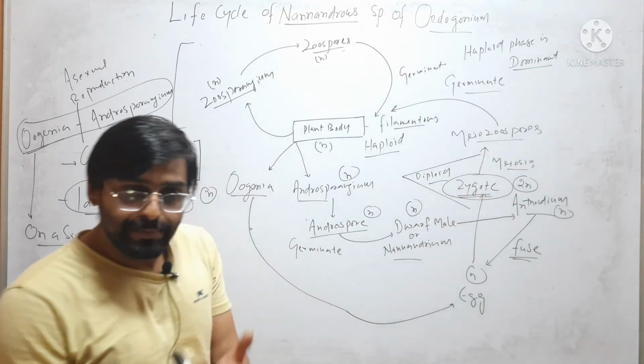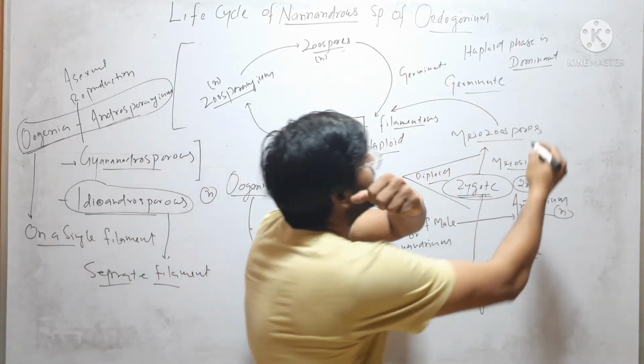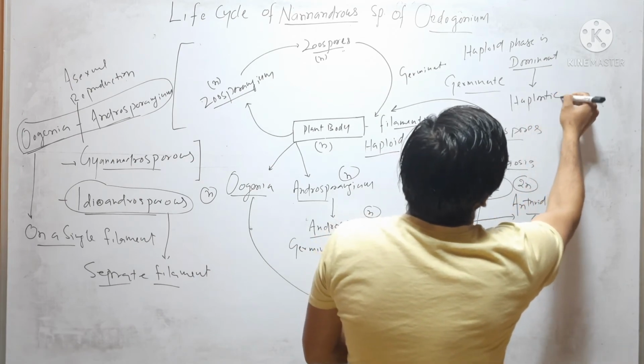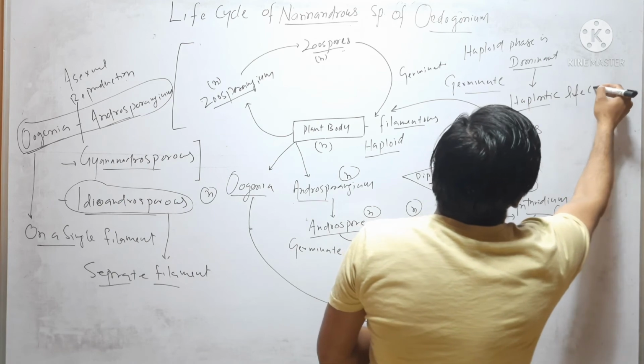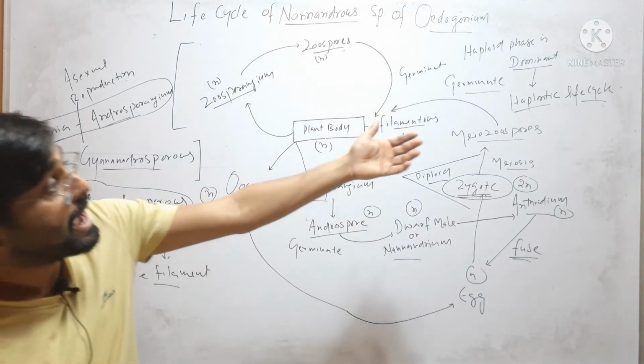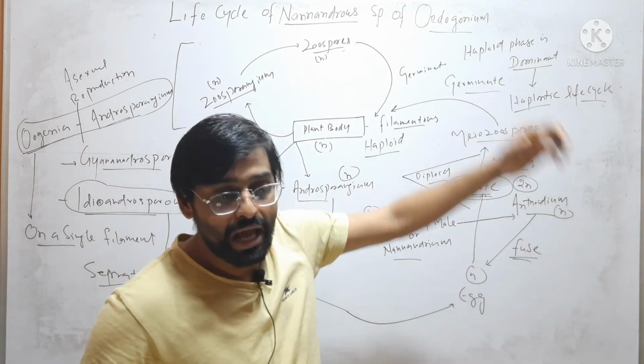This type of life cycle where the haploid phase is dominant is called haplontic life cycle. So Nannandrous species of Oedogonium have a haplontic type of life cycle.